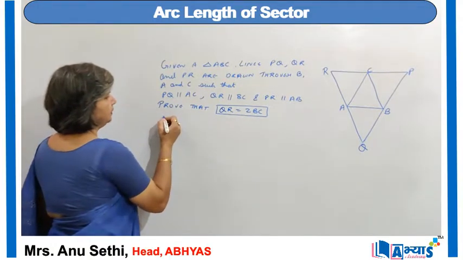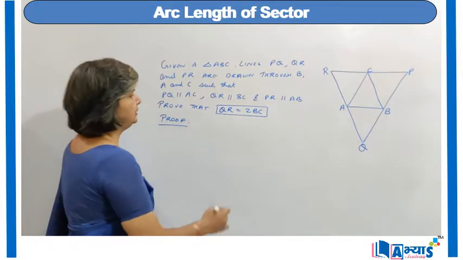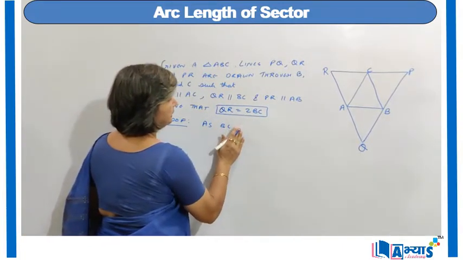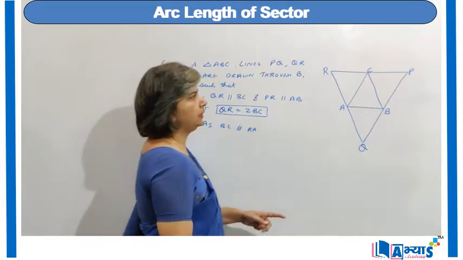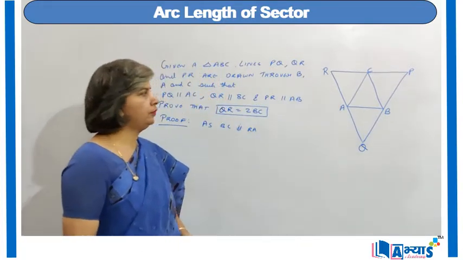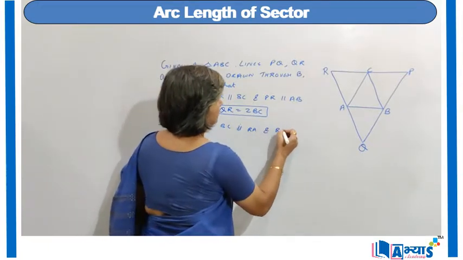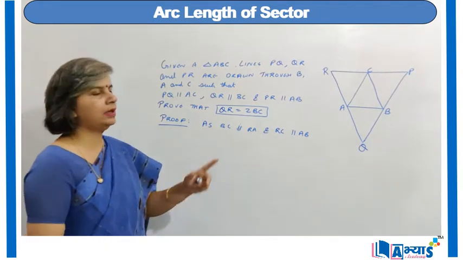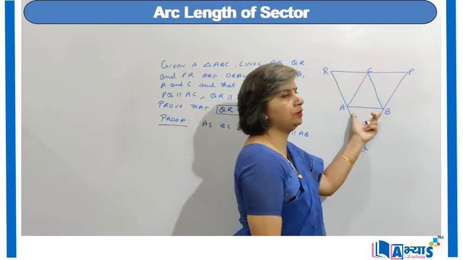So the proof will be: as BC is parallel to RA, because we know that BC is parallel to QR and RA is a part of QR, so BC is parallel to RA, and RC is parallel to AB, because we know that PR is parallel to AB and RC is a part of PR, so we can say that RC is parallel to AB.